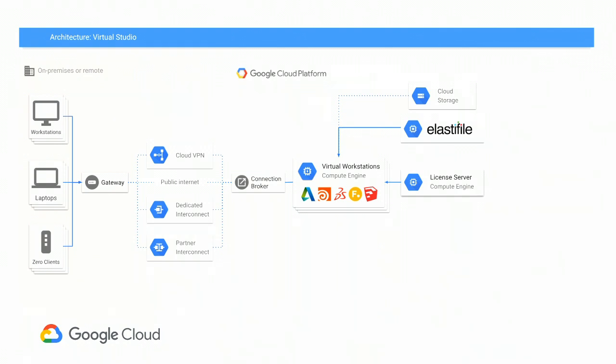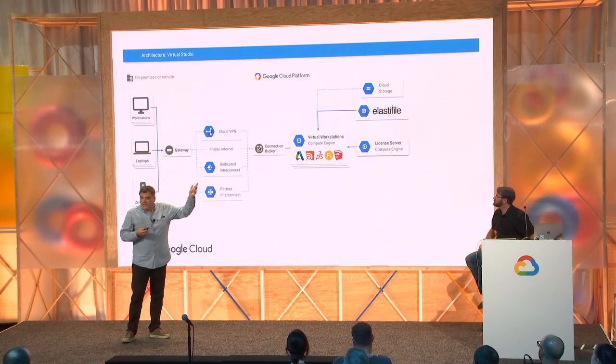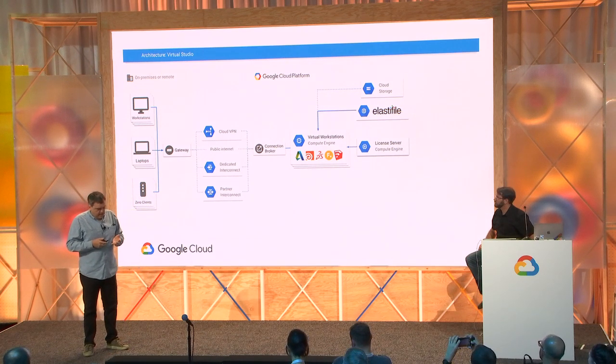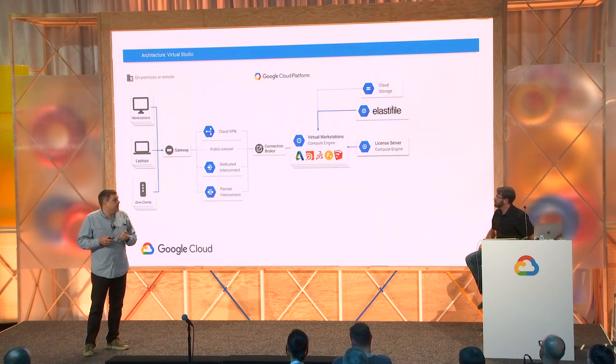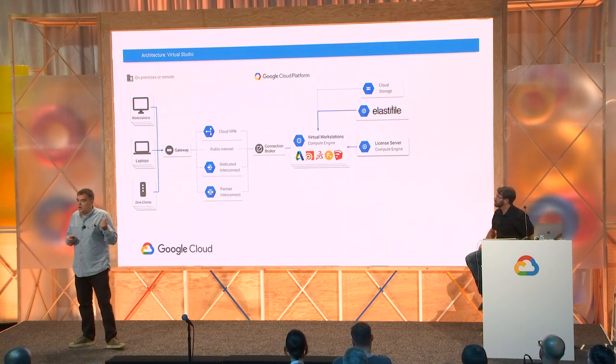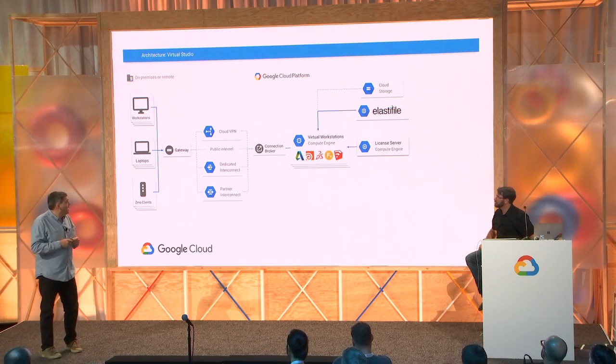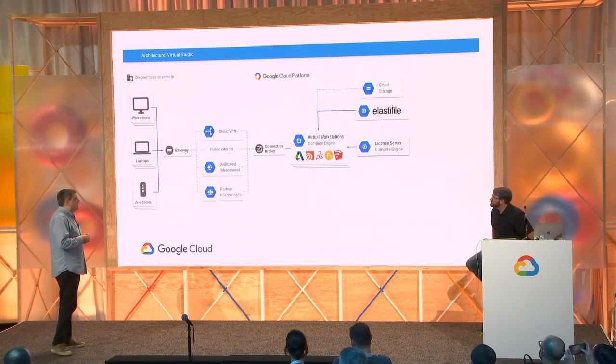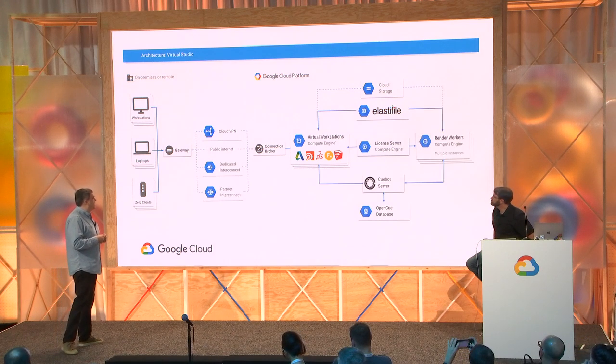Today we're running our storage off of an Elastifile scale-out file system, which is able to tier to cloud storage. So you have the ability to customize it for high speed and also use cloud storage for low-cost backup data. We also have a license server running in the cloud, a very small Linux VM, which is serving up our Maya licenses and V-Ray, which we'll be using for rendering today.